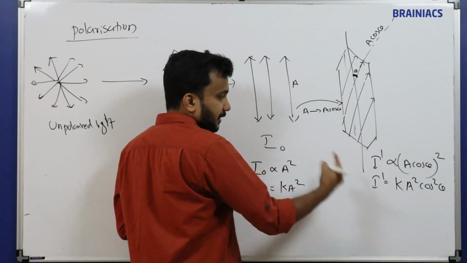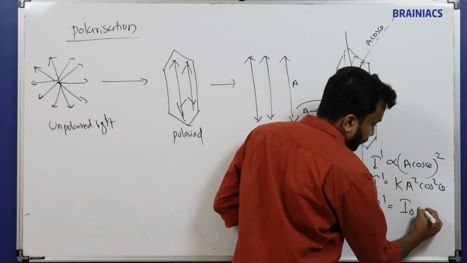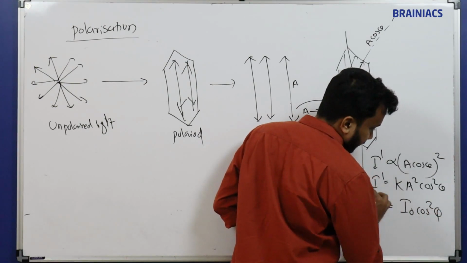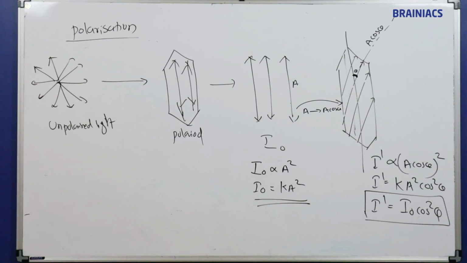Substituting, I dash will be equal to I0 into cos square theta. So the initial intensity into cos square theta. This is what is required.